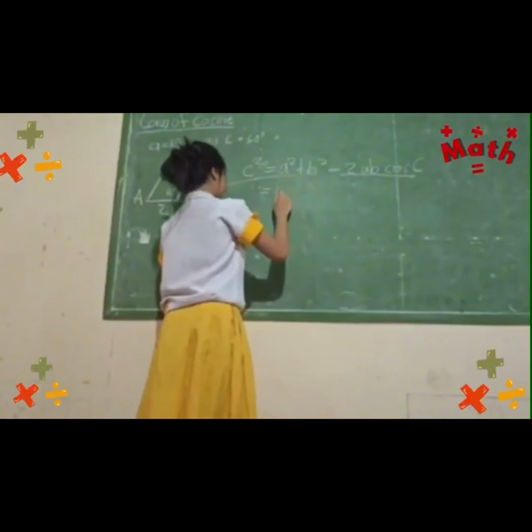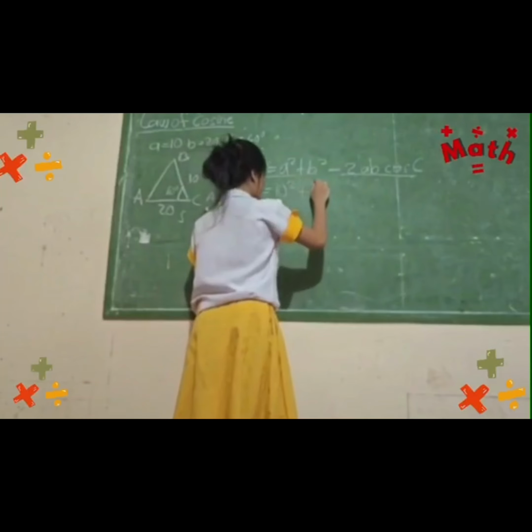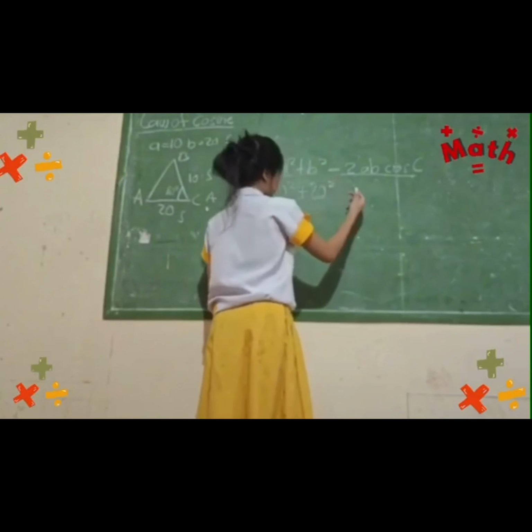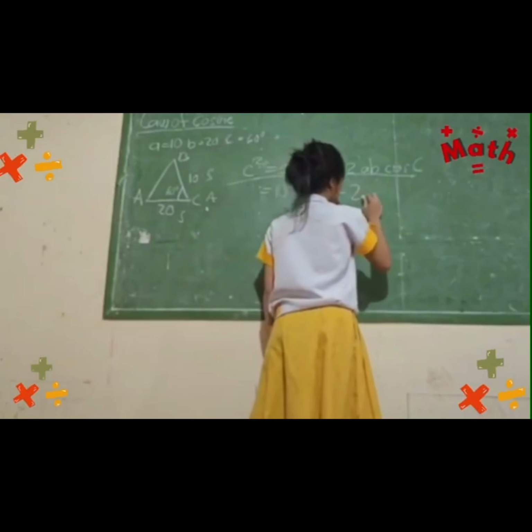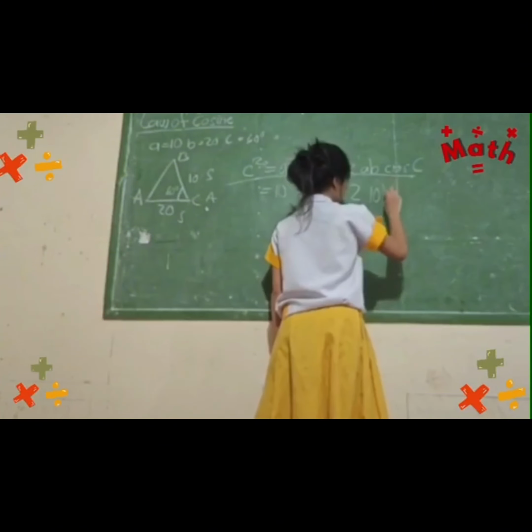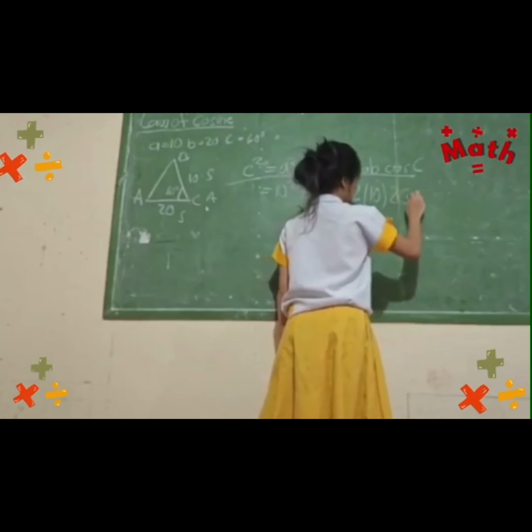A is 10 squared plus 20 squared minus 2 times 10 times 20 times cosine 60.